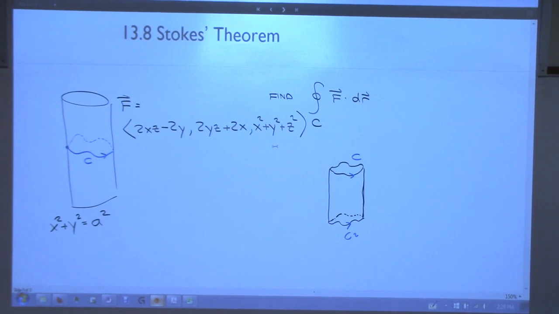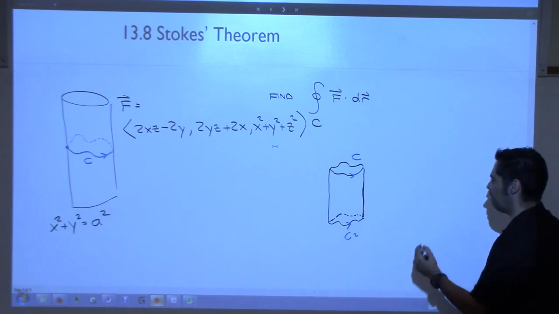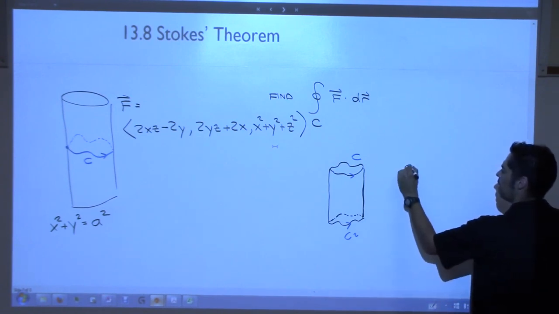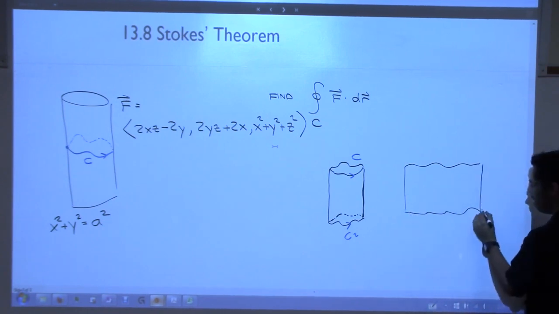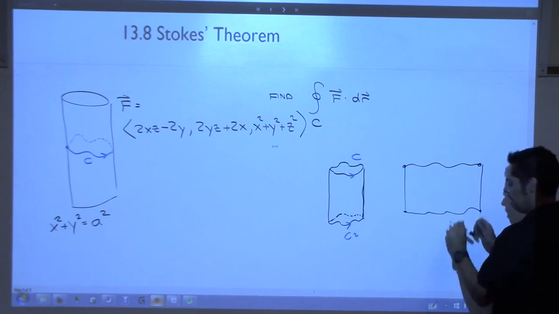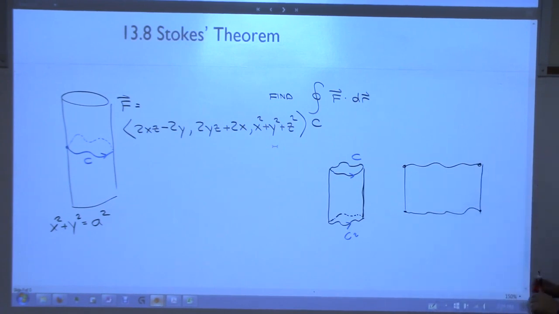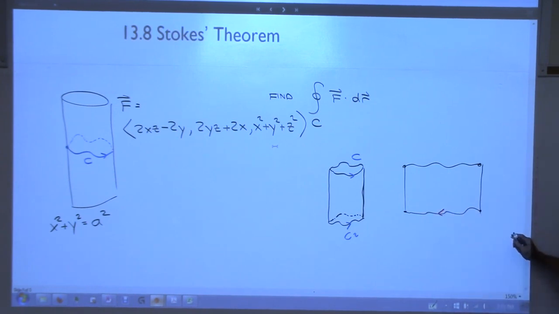Right? So let me do this. How about, imagine cutting this and opening it up. That might help. If I cut it and open it up like this, let's say these two points come together. So which direction was C2 in? Is it this way, like this?